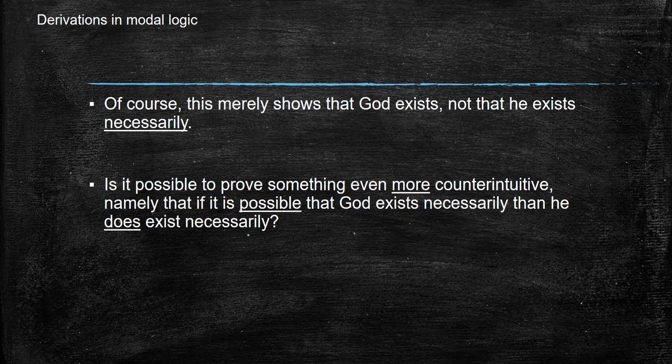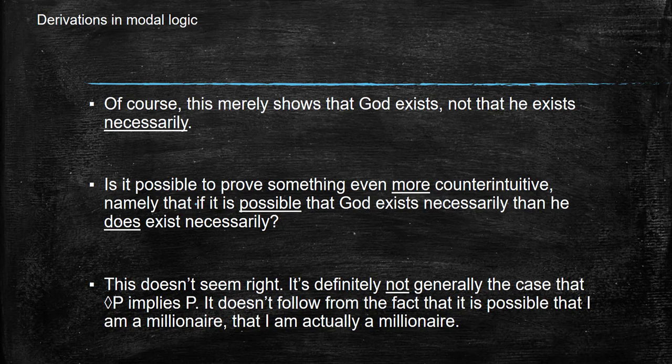So does the mere possibility of necessary existence imply necessary existence? This actually just doesn't seem right. It's definitely not generally the case that possible P implies P. It doesn't follow from the fact that it is possible that I'm a millionaire, that I'm actually a millionaire.